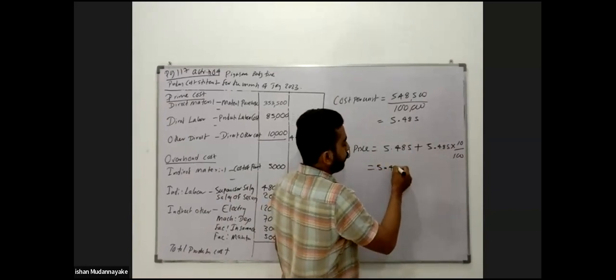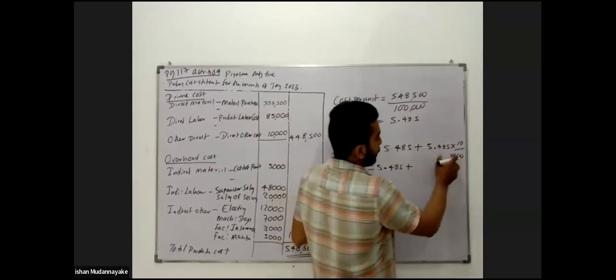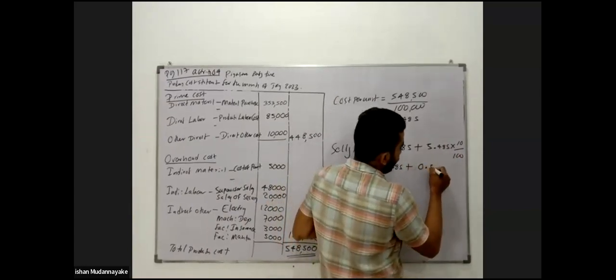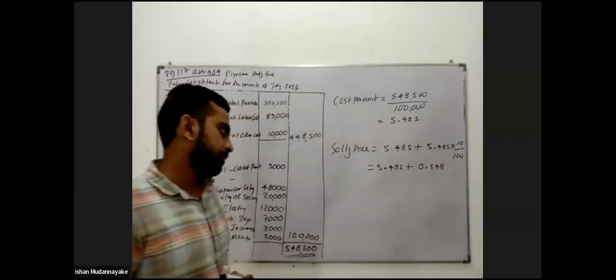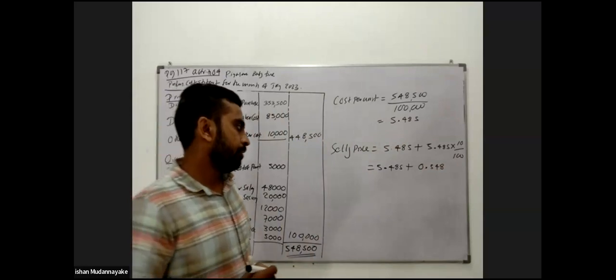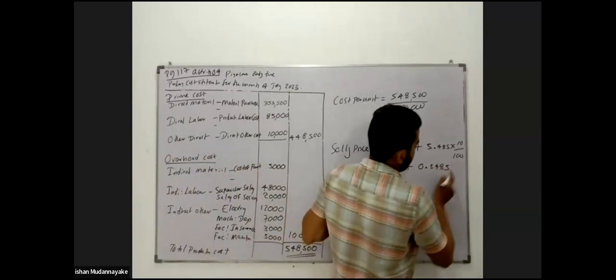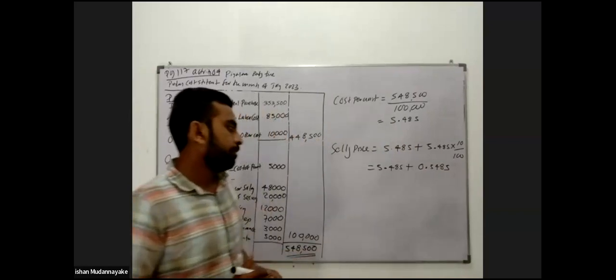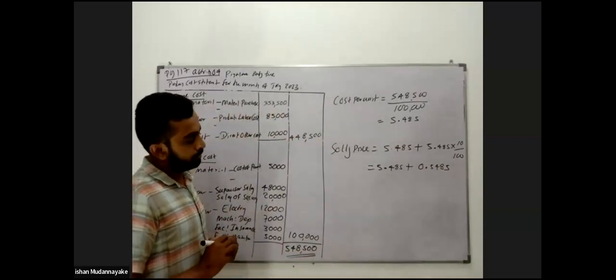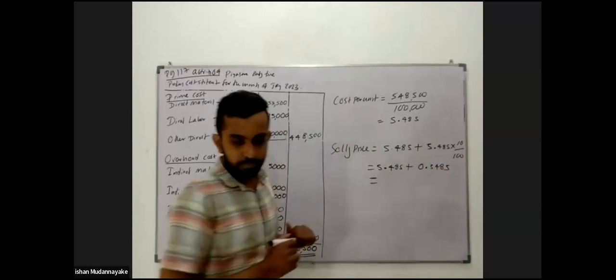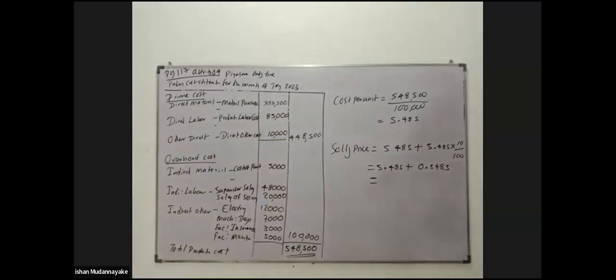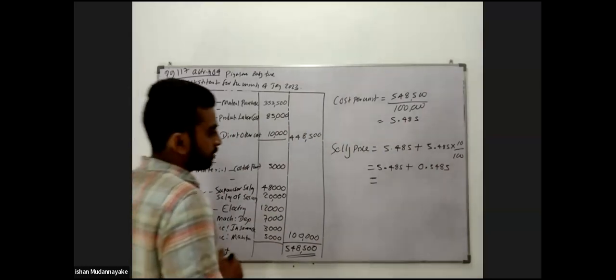Cost plus profit. 5.485 plus 10%, which means 0.5485. Then how much is the selling price?